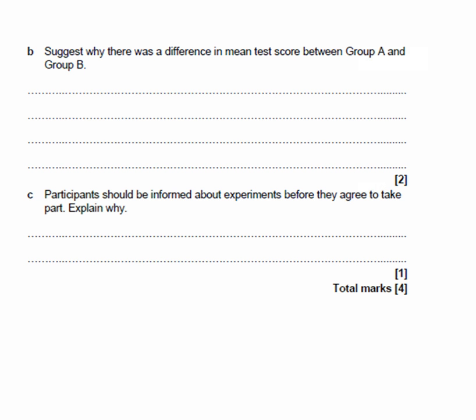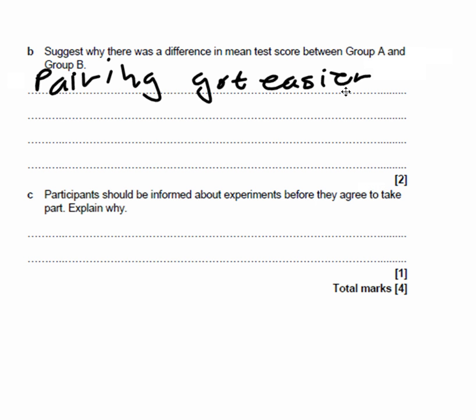So let's just quickly go through what answers we could have given. So one part of the answer is that the pairing activity got easier as you went along. So that's one reason that the results might have been better for the pairing one.